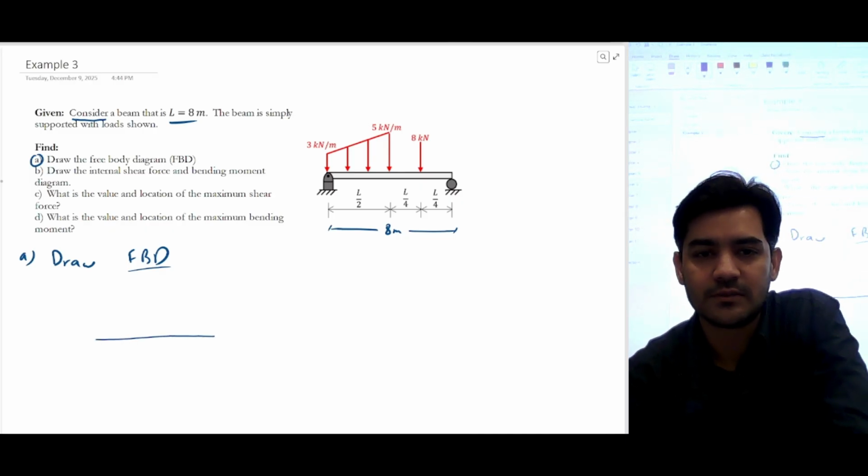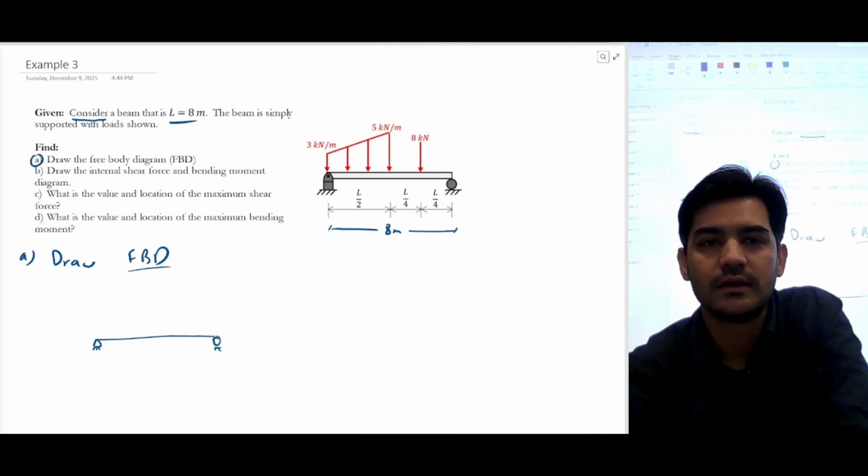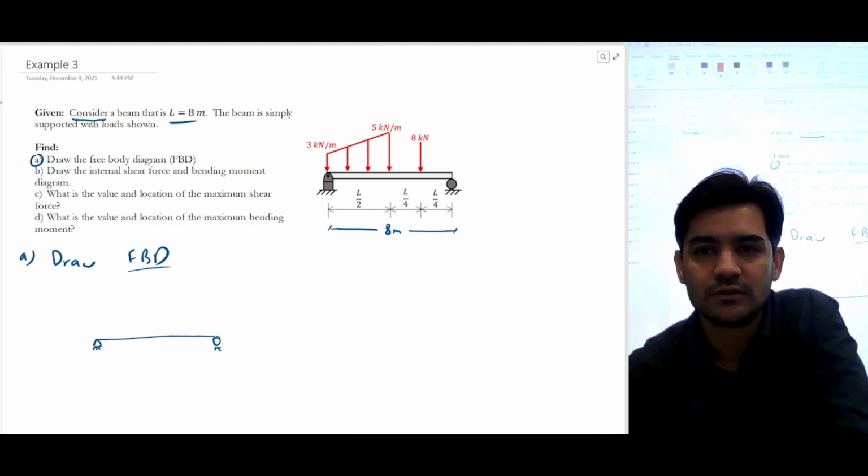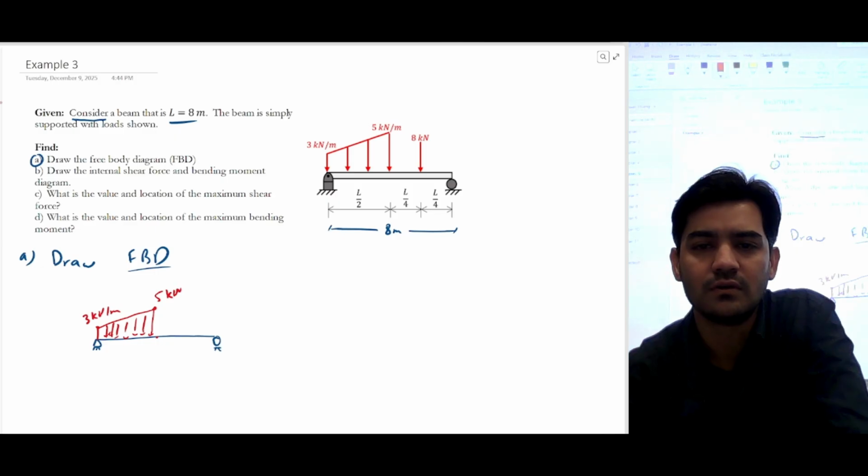We have a simply supported beam, and we have two loads. One is a distributed load with a trapezoidal shape, and the minimum value is 3 kilonewton per meter, and the maximum value is 5 kilonewton per meter.